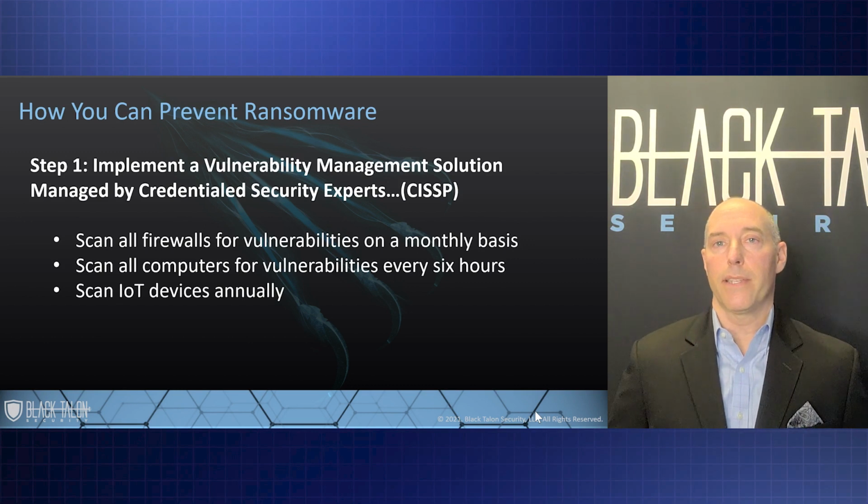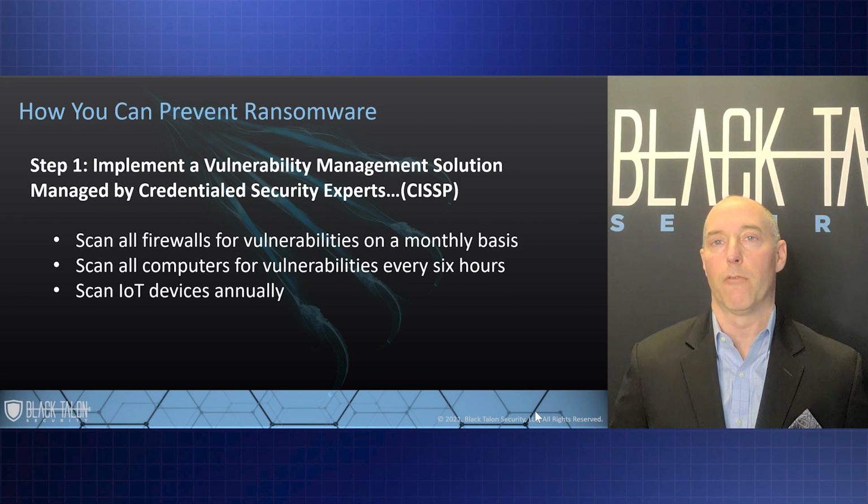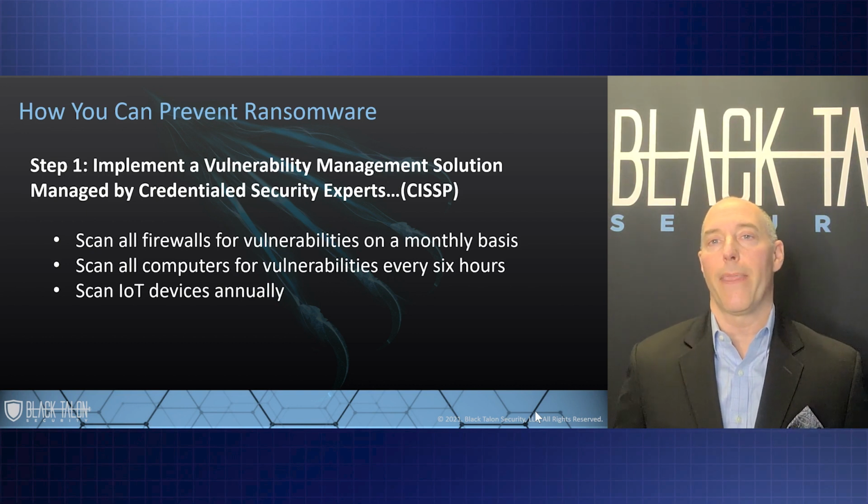So let's help you better understand how you can actually prevent ransomware. So first, you have to implement a vulnerability management solution, and it needs to be managed by credentialed security experts. They go by the acronym of CISP. Now, most IT companies don't have CISPs on staff, right?